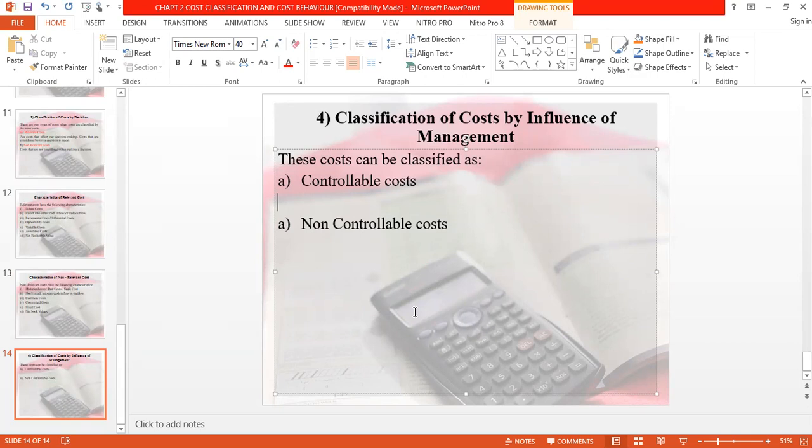So what are controllable costs? Costs that can be influenced by the management in place.